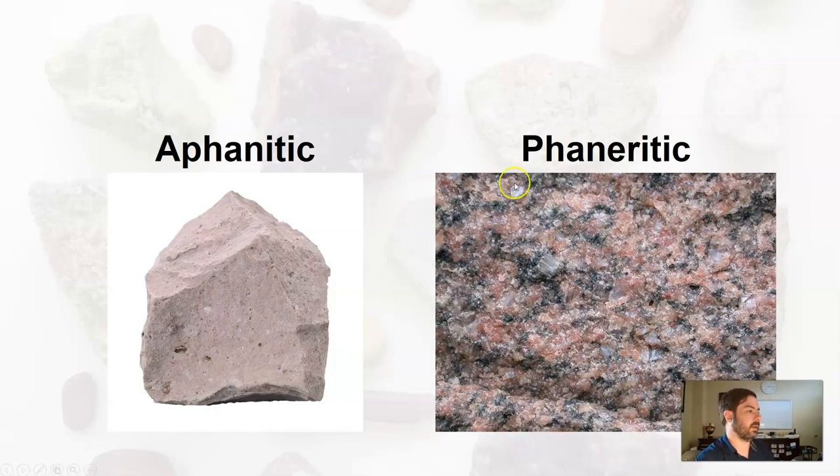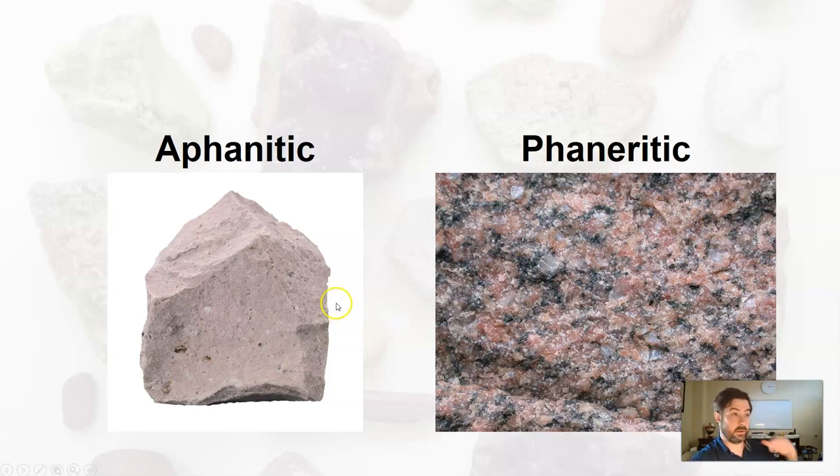For example, looking at granite and rhyolite. Chemically, pretty much the same exact thing, right? If I looked at the minerals they're made out of, they're made up of the same minerals, giving it the same chemical composition. However, one just cooled below ground, so I can now pick out the different colors. I see some clear and some white and some pink and some black. So magma cooled below ground, giving this igneous rock a phaneritic texture.